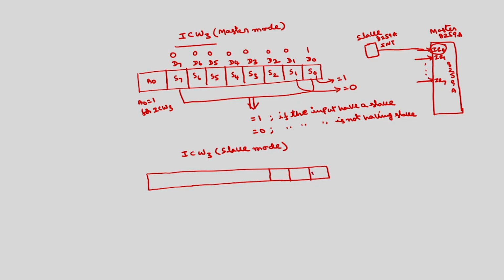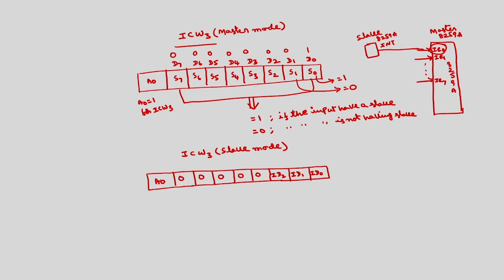this is ID 0 to ID 2, then we have all zeros. This is A0.